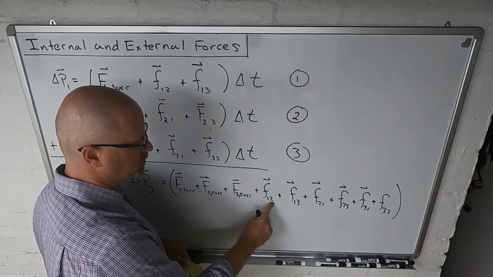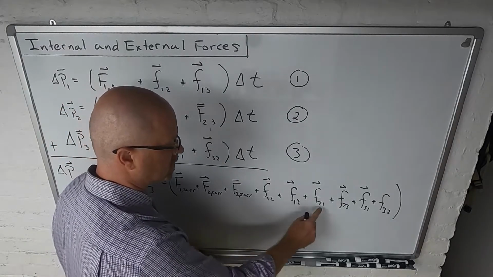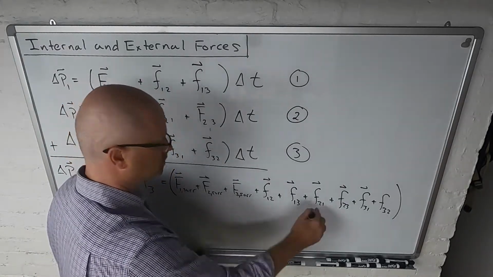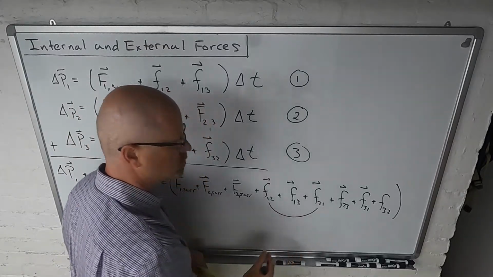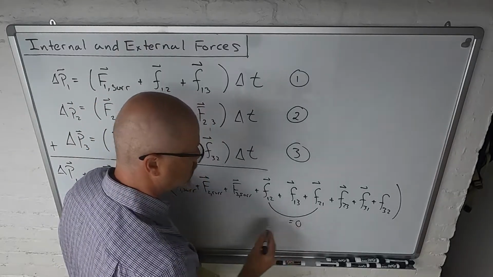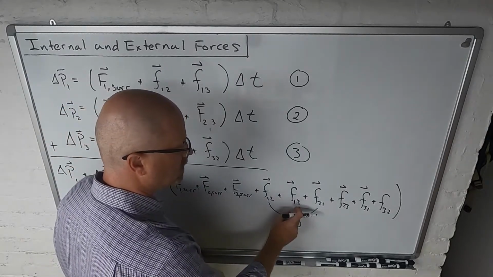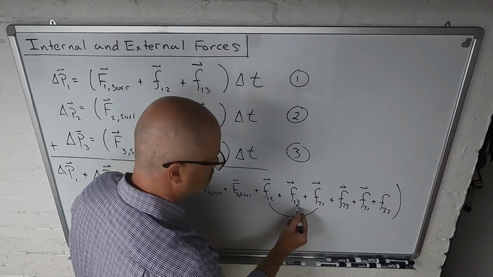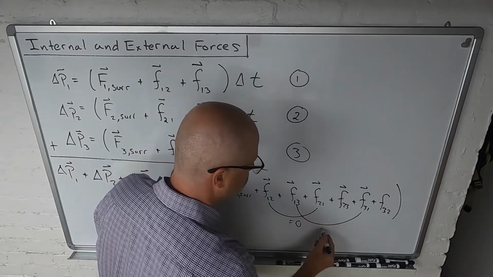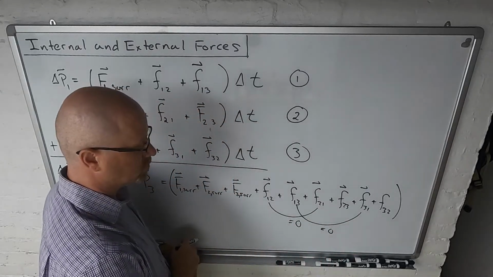So F12 is actually the negative of F21, and vice versa. These two equal 0. F13 and F31, I link those, they're also equal to 0.